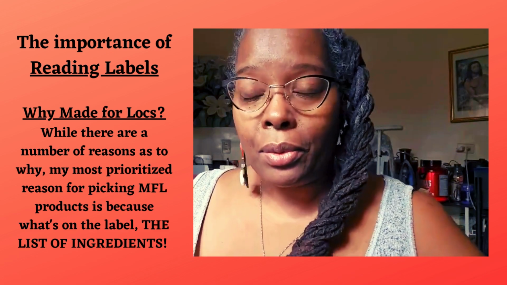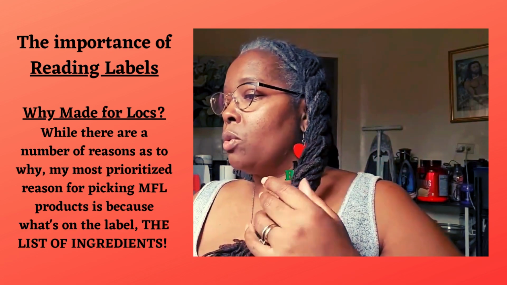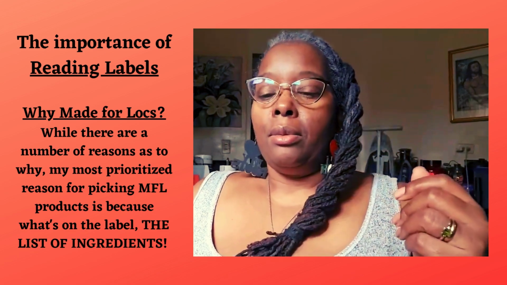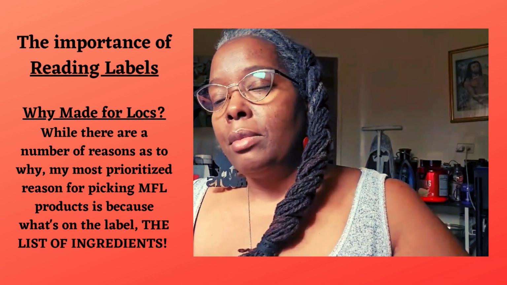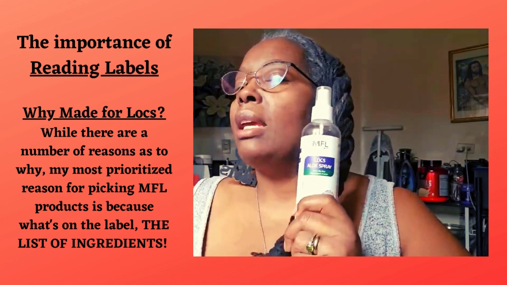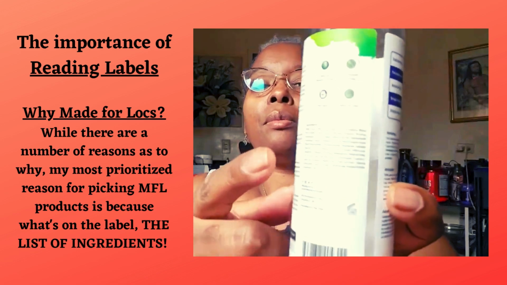Read your labels. While there are a number of reasons as to why most prioritize things, reading your labels is important. Now, many people have asked me this question: why made for Locs? Why made for Locs? Because of this.